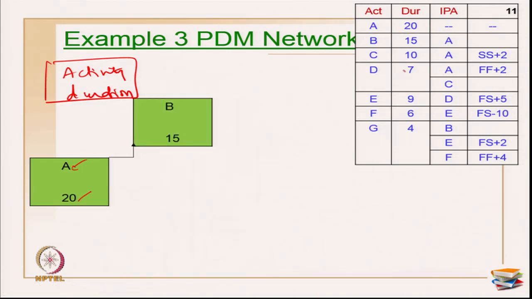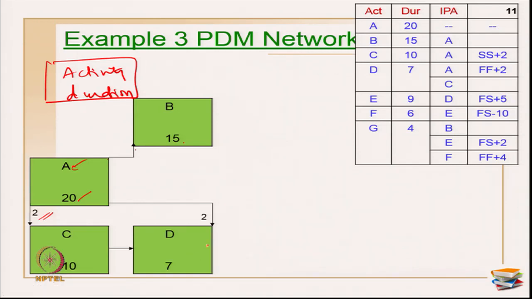Now, next is activity B. I am going to use a finish start relationship, and the duration for B is 15. I am keeping it here. The next is activity C. This is start with a lag of 2, with activity A, and the duration for C is 10. Okay.